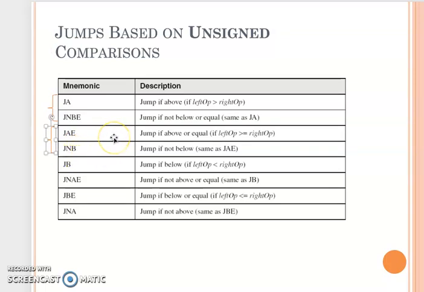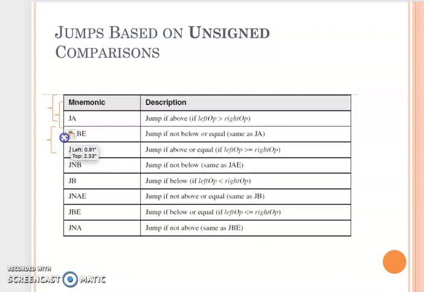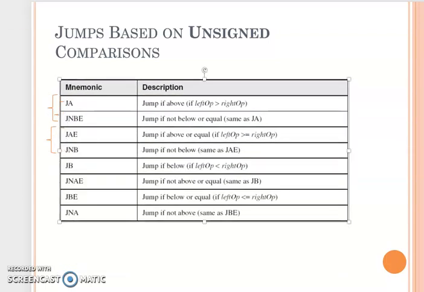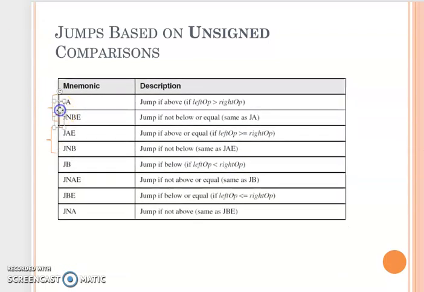Either one is fine, just whichever way is easier for your logic. Then you have below, which means your destination, your left operand, is smaller than your right operand. That's JB or JNAE. Then you have below or equal, JBE, that's the same as JNA, not above.